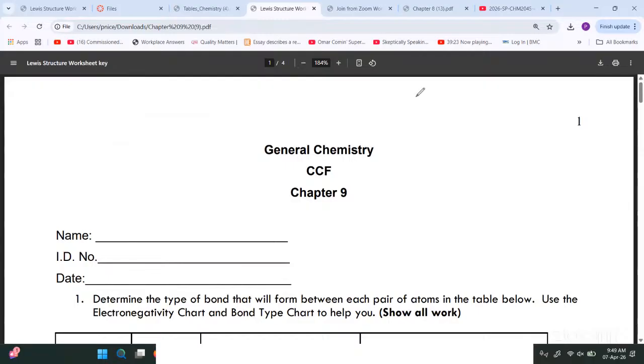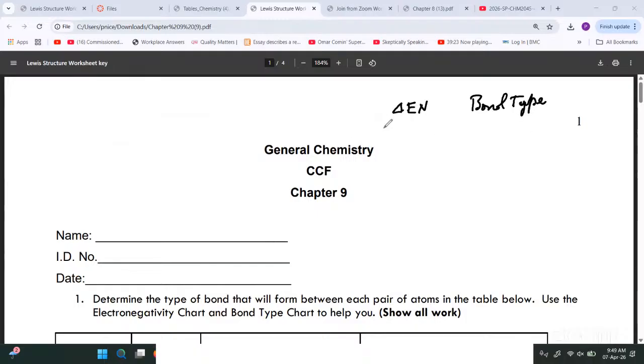So let me give you the criteria that I gave in the video. I'm going to create a small table here. In one column, we'll have the difference in electronegativity values, and this will give you the bond type.